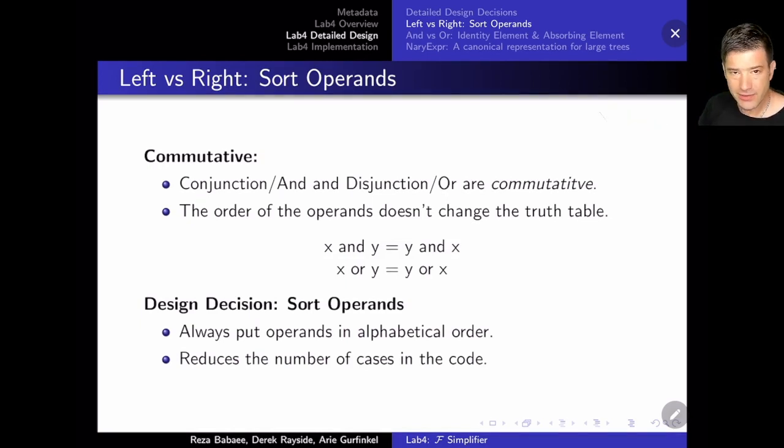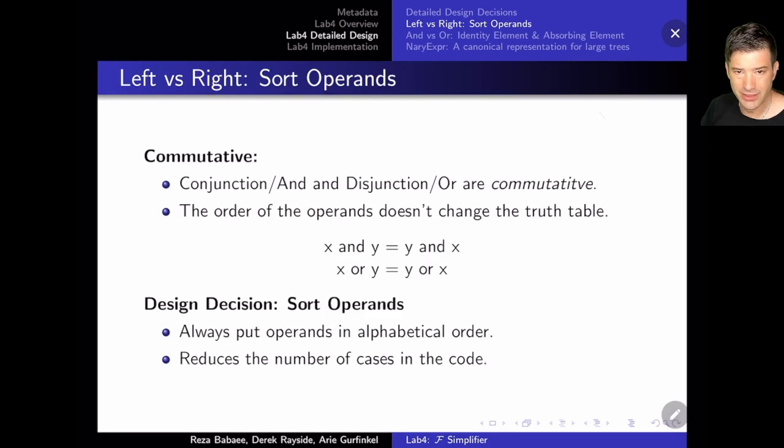So as part of our simplification, we can always put the operands in some fixed order, so that after we simplify, all of our expressions have, say, the smaller named variable come before the larger named variable. We can do this on alphabetical order of operands, or any sort ordering.